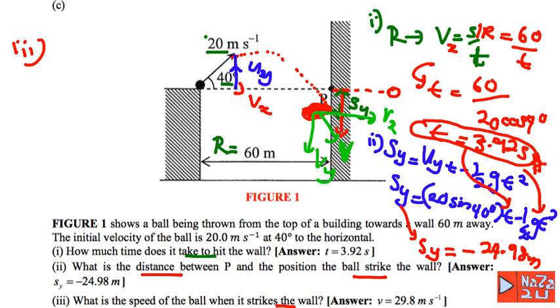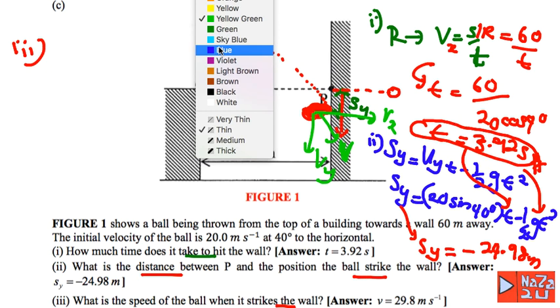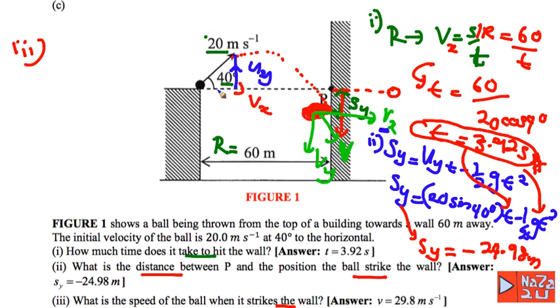As you know, vx is always constant from the initial to the final position. So vx is 20 cos 40.